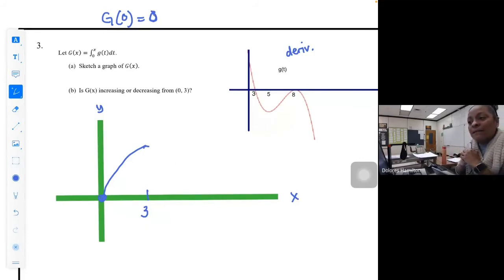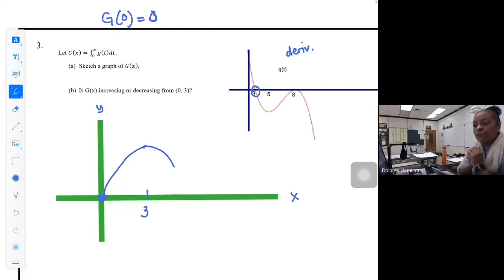Well, and that made sense, folks, because I know that 3 is a critical point. And what kind of critical point? It's got to be a local max because my graph went from positive to negative. That means big G went from increasing to decreasing.